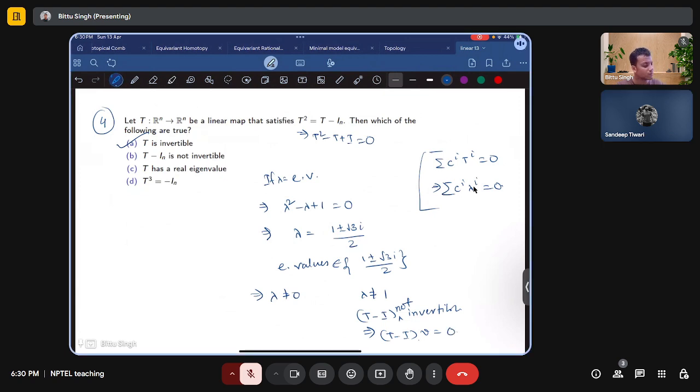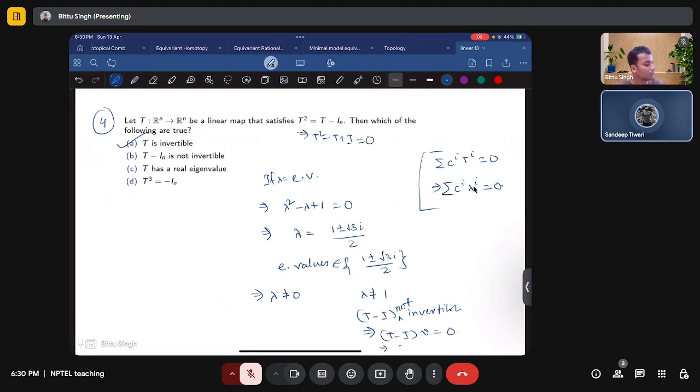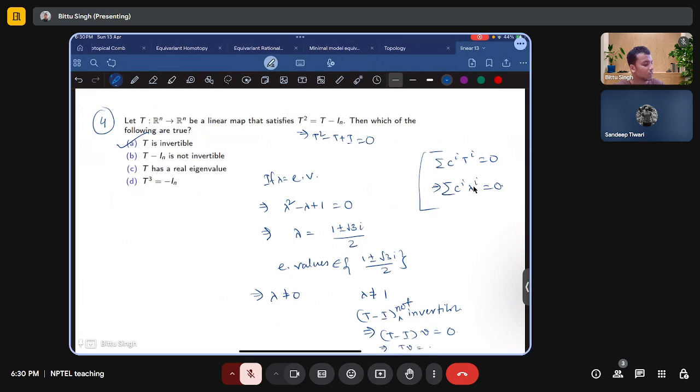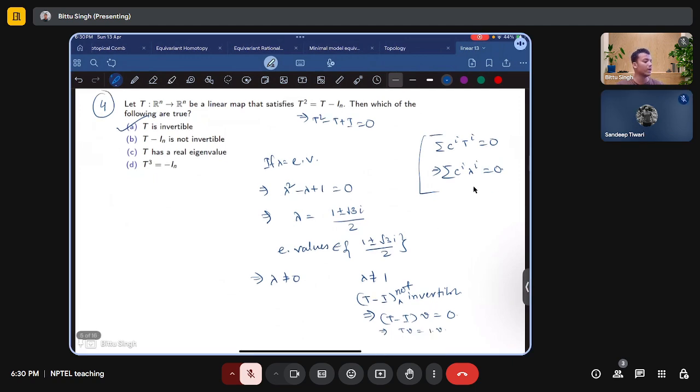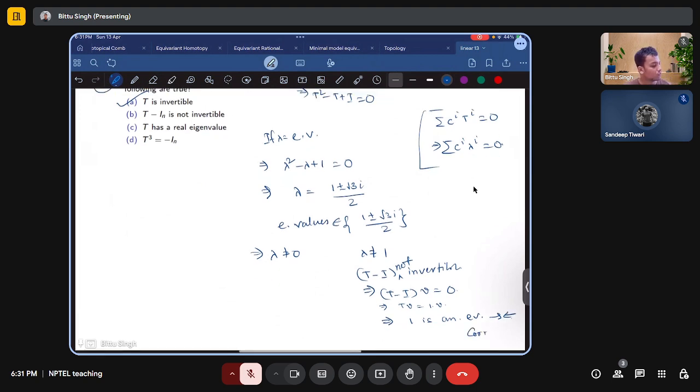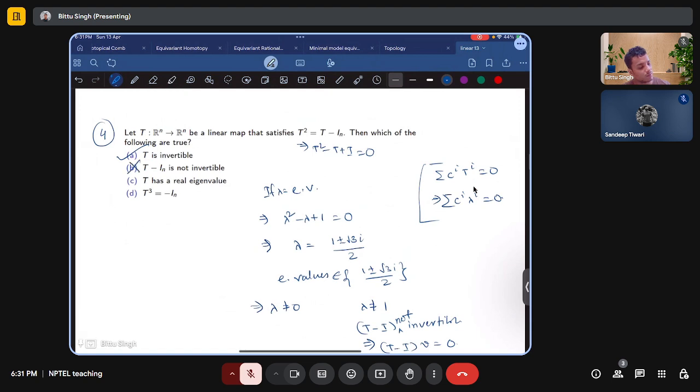There exists some v such that (T minus I)v is equal to 0, so Tv equals 1v. That will imply 1 is an eigenvalue of T, which is a contradiction. Therefore, T minus I is invertible.